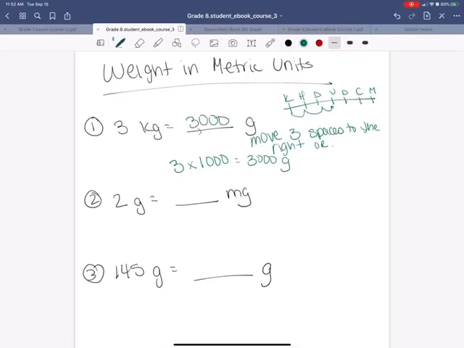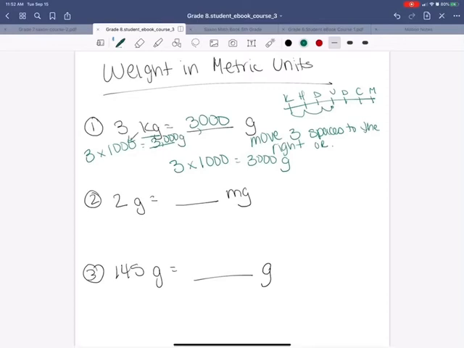And there's your answer. Because remember, this is actually saying 3 kilograms, which kilograms is 1,000, equals 3,000 grams. Kilograms is times 1,000.